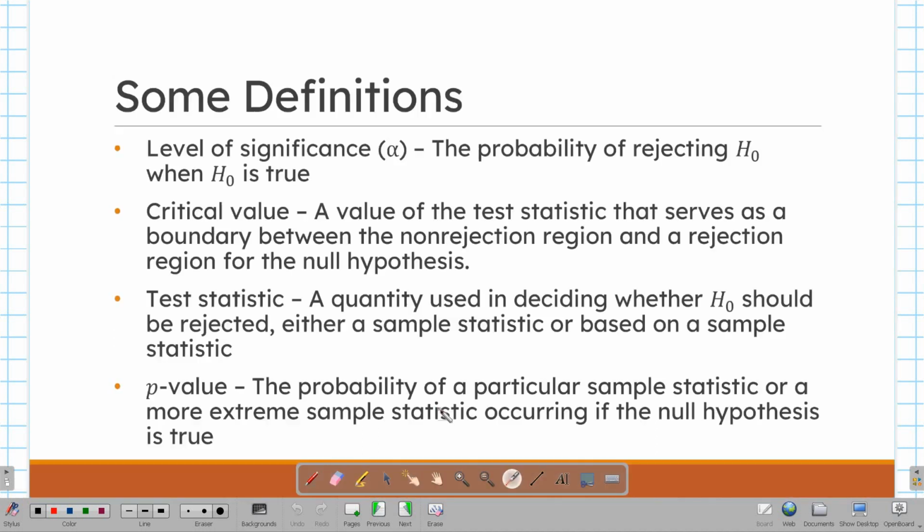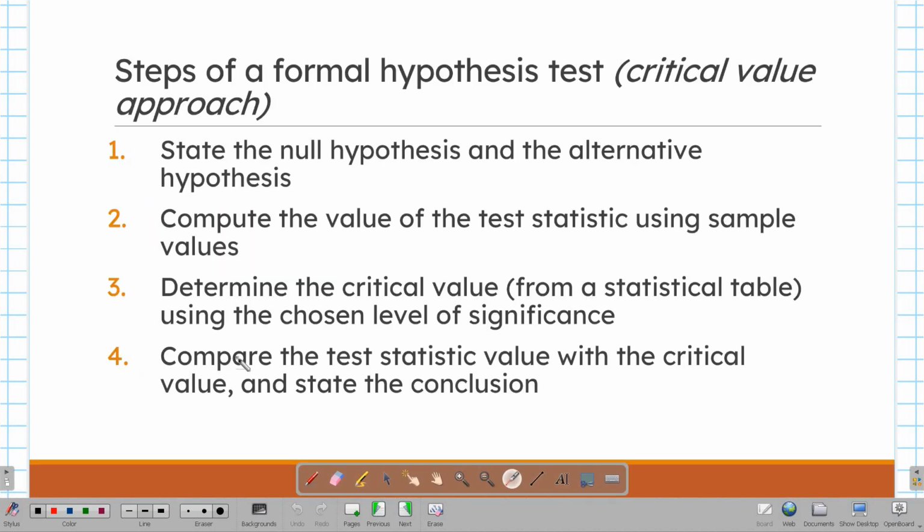Now, the critical value approach and the p-value approach are the two approaches, which are not that different when we do a formal hypothesis test. Step 1, we state our H0 and HA, which we practiced in the previous video.